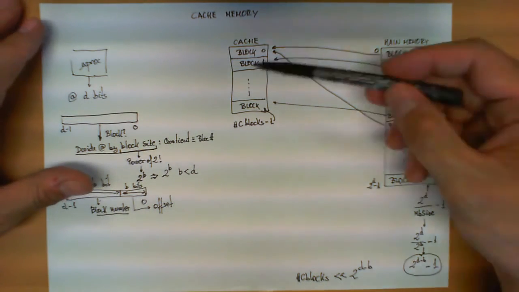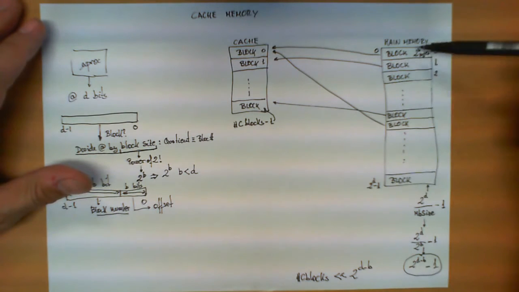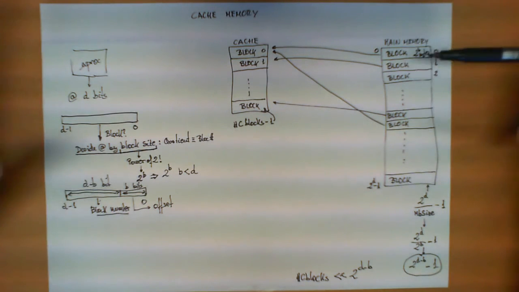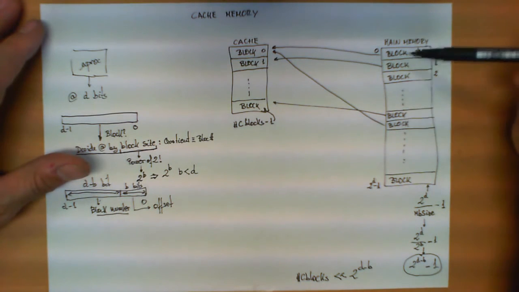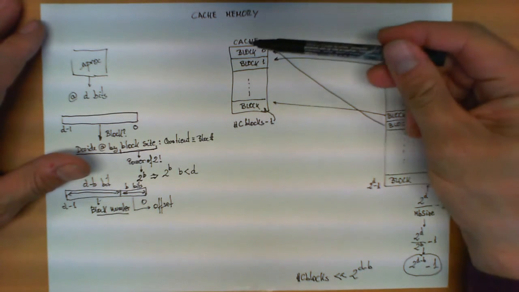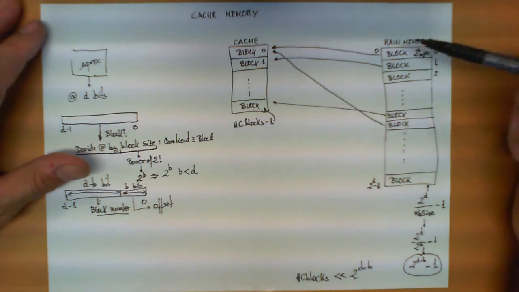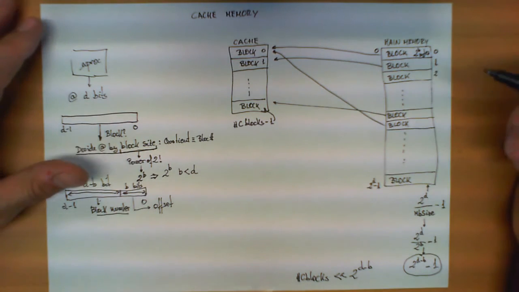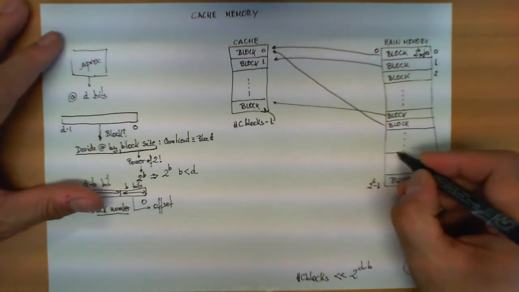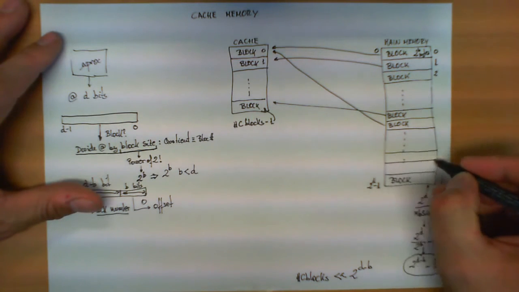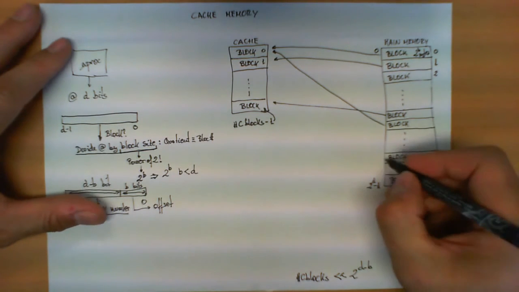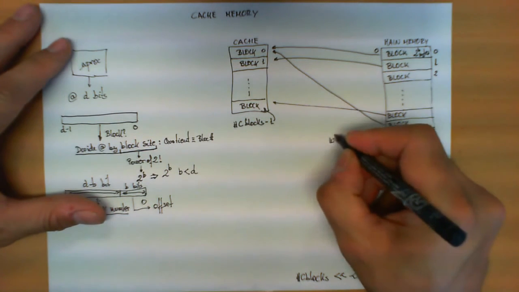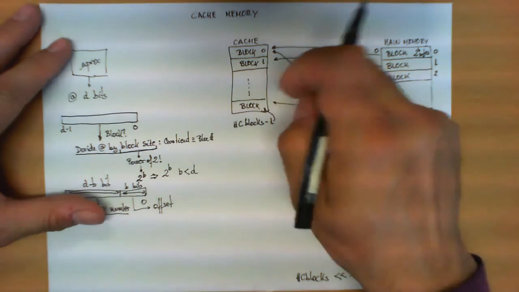Now, as I said before, the size of this cache is much smaller than the size of this main memory. Therefore, eventually 2 or more blocks will be stored in the same block in the cache. Now, the question that remains to be answered is, if I have an arbitrary block somewhere in my memory, where does it go in this cache?